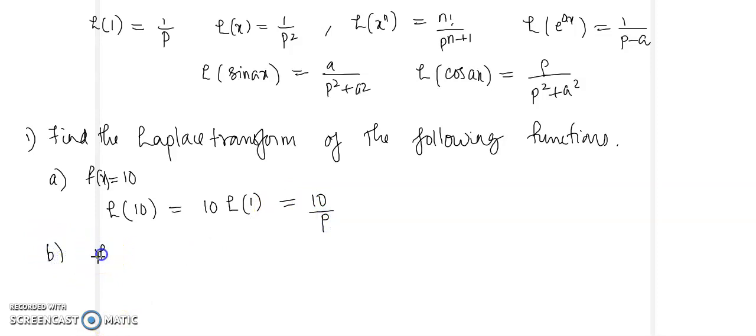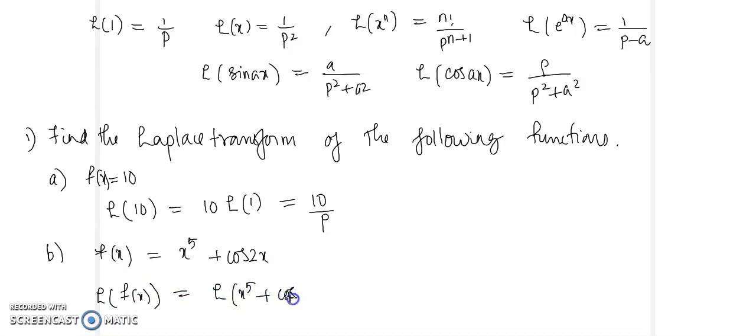And next you have f of x equal to x raised to 5 plus cos 2x. So the Laplace transform of f of x will be the Laplace transform of x raised to 5 plus cos 2x. So that is L of x raised to 5 plus L of cos 2x.